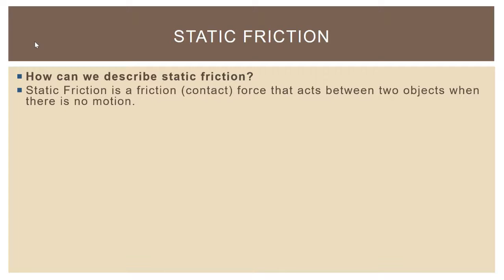Static friction is a friction force, which is a contact force. Remember, static friction only acts when the objects are in contact. And static friction is a friction force that acts between two objects when there is no motion. That's why it gets the name static friction. And so it only acts when the objects are at rest.